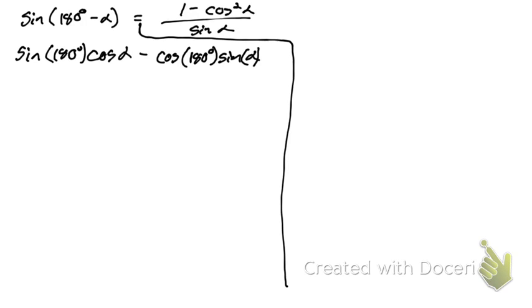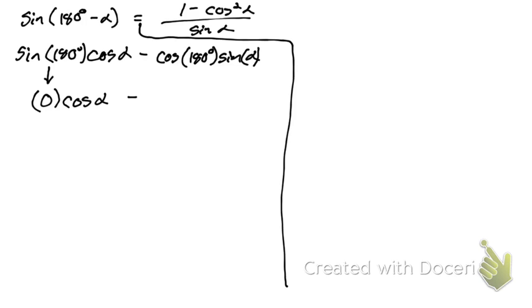But parts of that are on your unit circle. The sine of 180 degrees is on the unit circle. 180 degrees is right here. So the sine of 180 degrees is just 0. So instead of sine of 180 degrees, we're going to write 0, because that's what it equals.